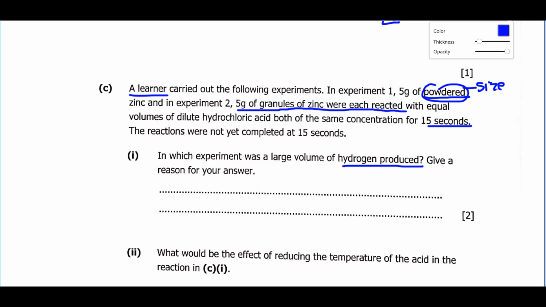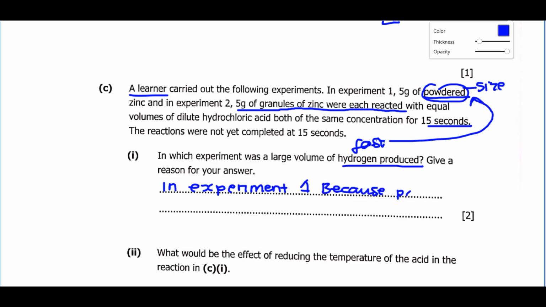So we are expecting where the reaction was fast. So the reaction was fast in the powdered. So we'll say in experiment 1, because powdered reacts faster than granules, because we know that for reactants to react, the particles must collide.